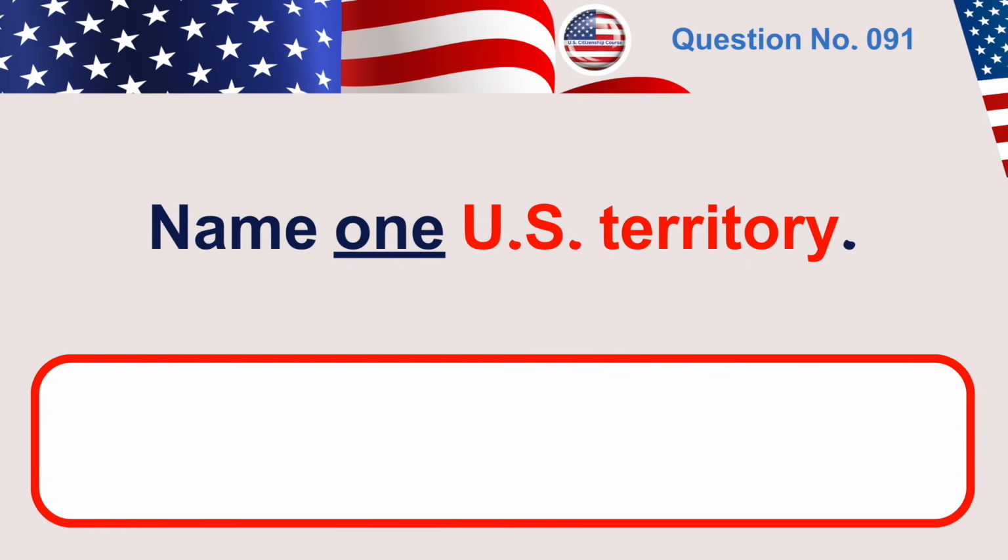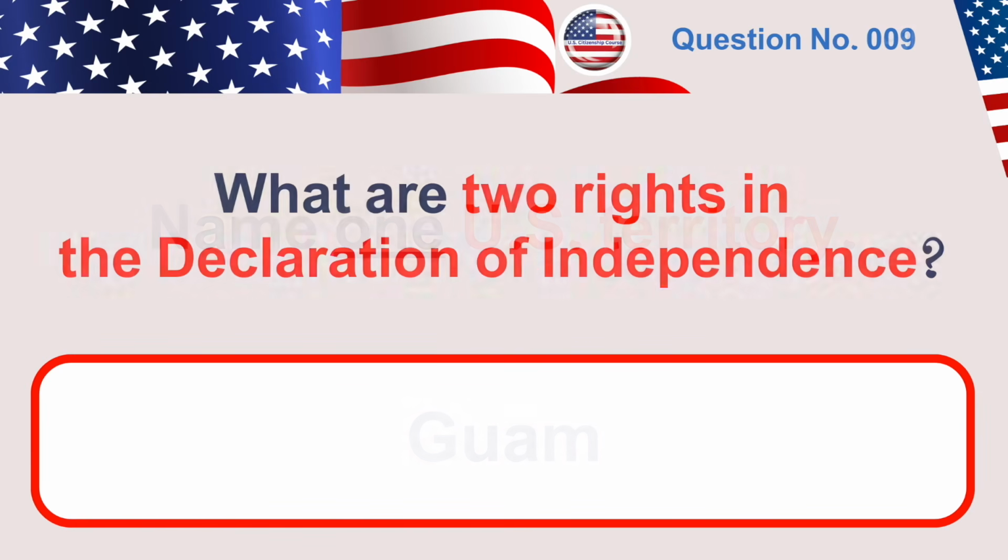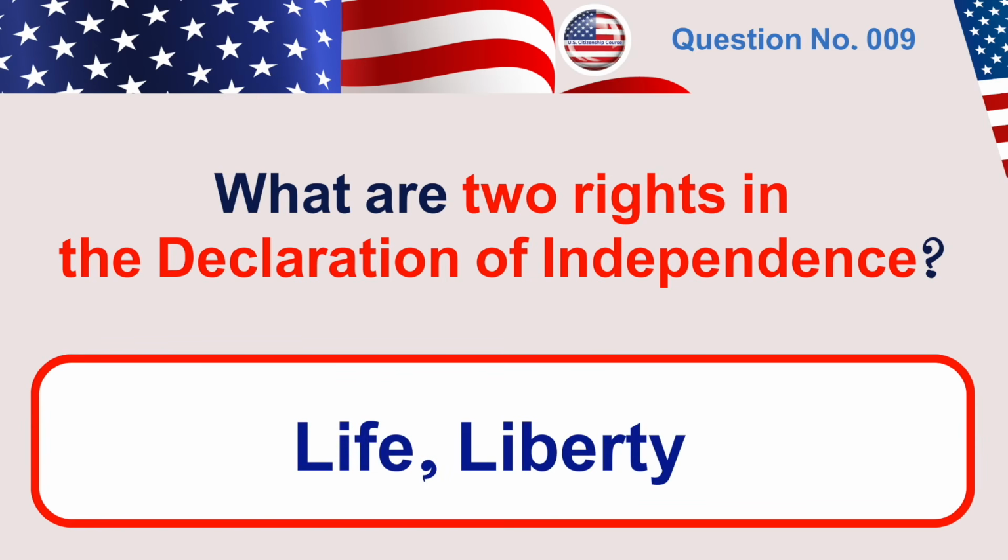Name one U.S. territory. Guam. What are 2 rights in the Declaration of Independence? Life, liberty.